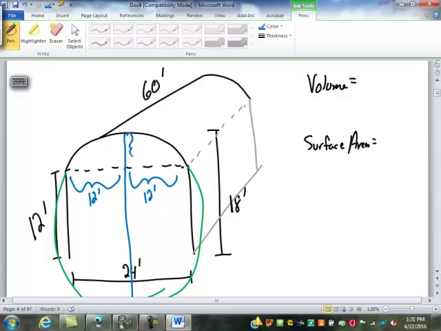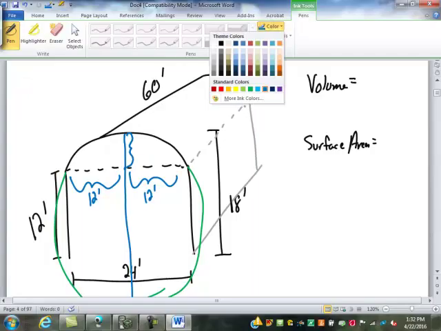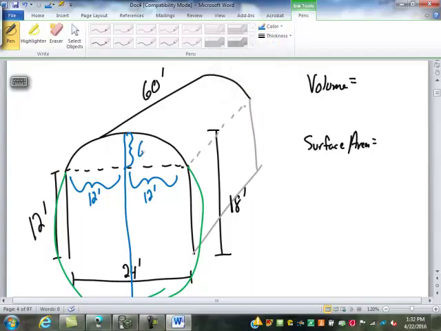Do we know this length here? Anybody? It is 6. Very good. Where did we get that from? The 12 and from the 18.